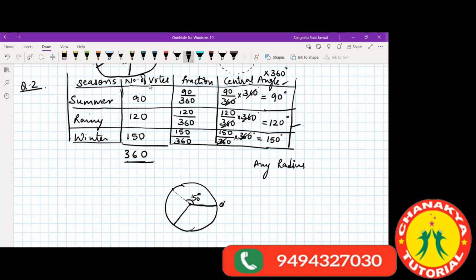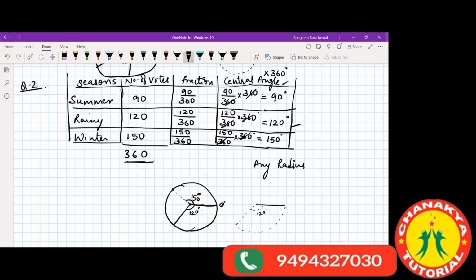So you will get this angle as 120 degree. Your semicircle should come like this, so that you will get here a 120 degrees angle. Right? Are you understanding?